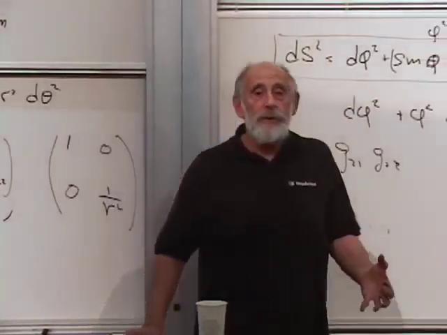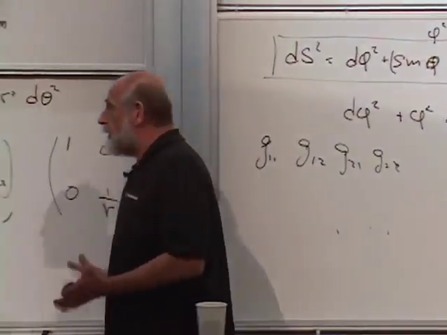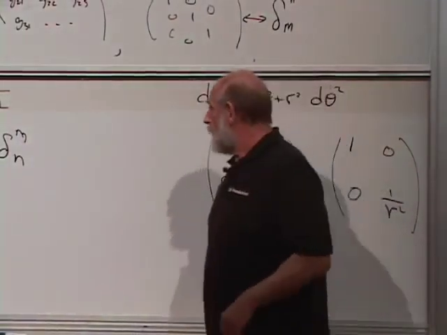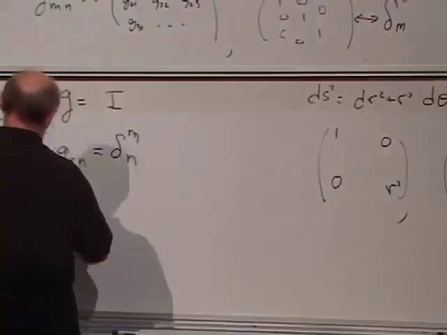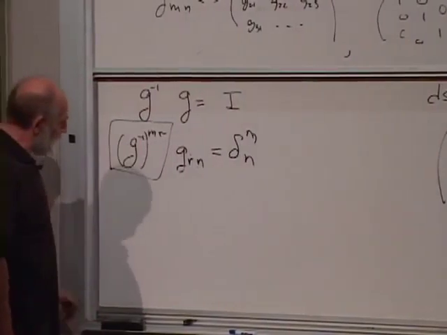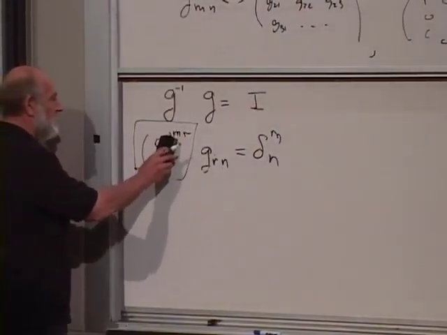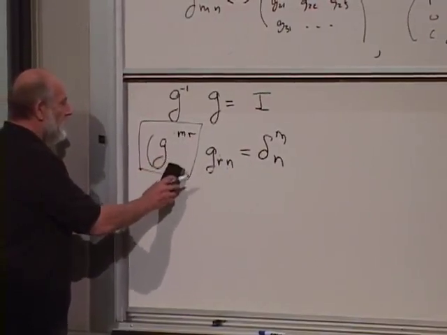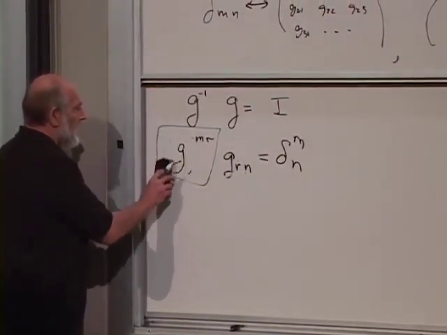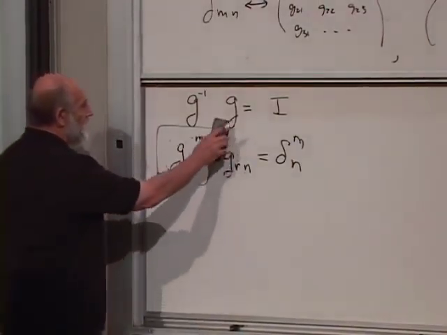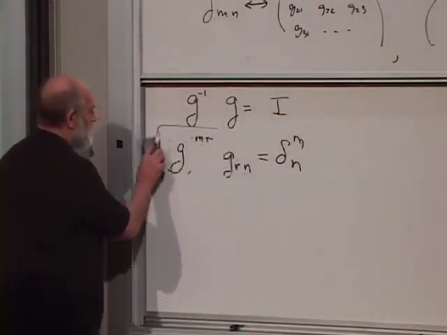It's another representation of the metric, since it has the same information in it, but it's presented in a different way. Those two objects are fundamental, G with lower indices and G with upper indices, and we don't bother writing the inverse there. We just remember that when G is written with upper indices, it's the inverse matrix to the ones with lower indices.